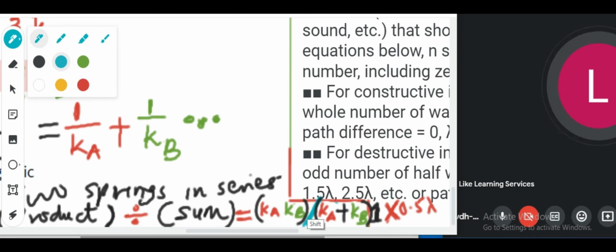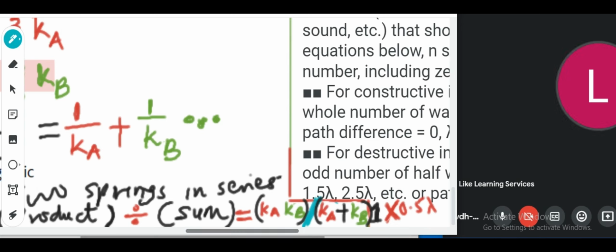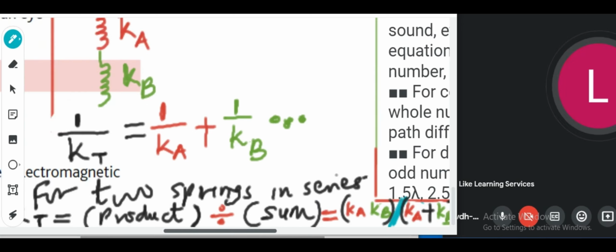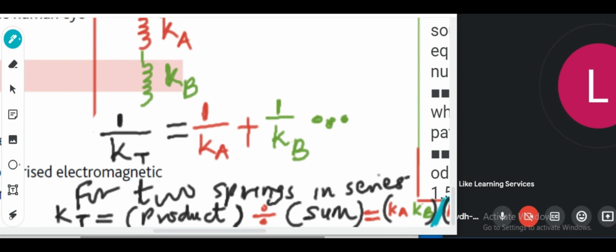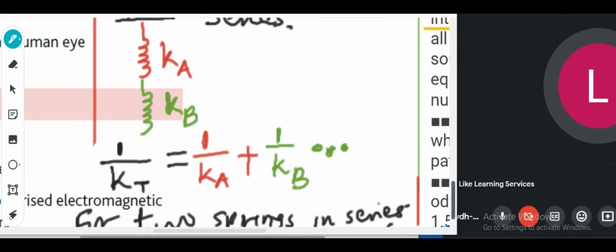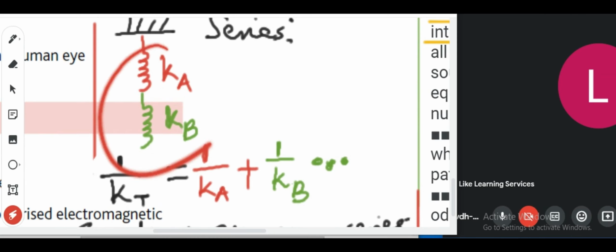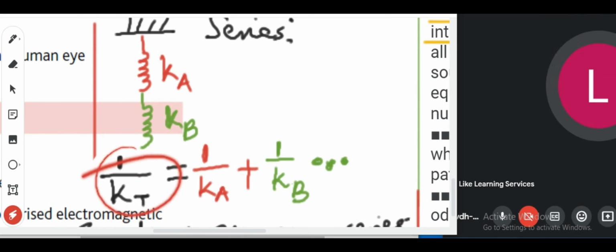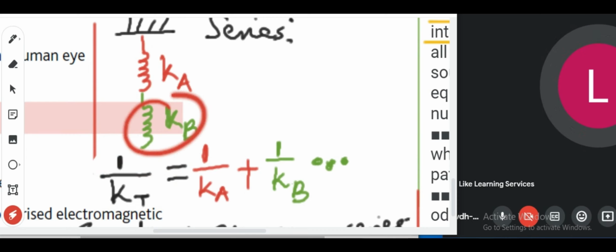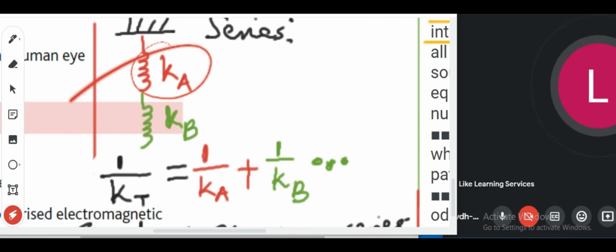All right, so that's what we do for springs in series. And if you notice, when springs are connected in series, the total spring constant will always be smaller than the smallest of the spring constants.